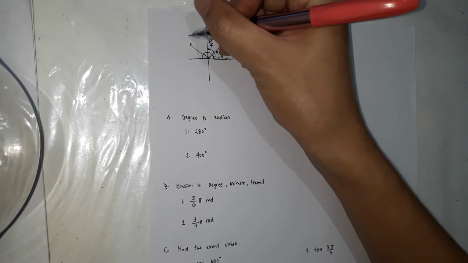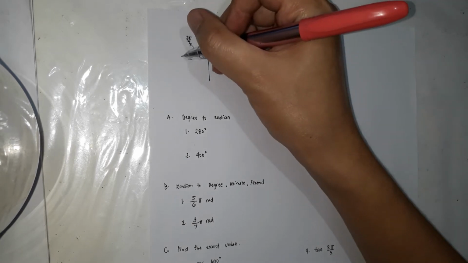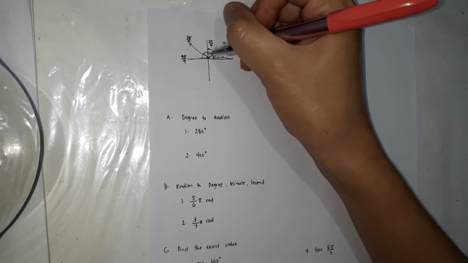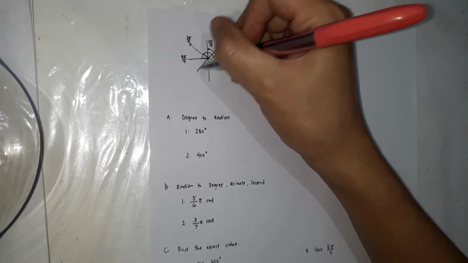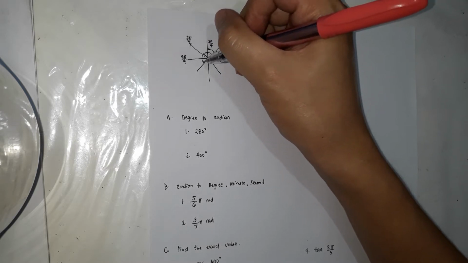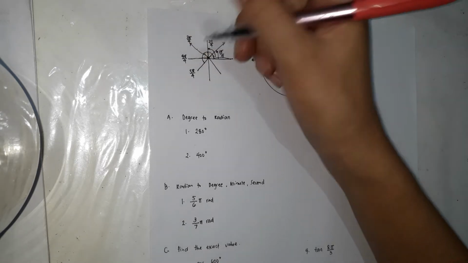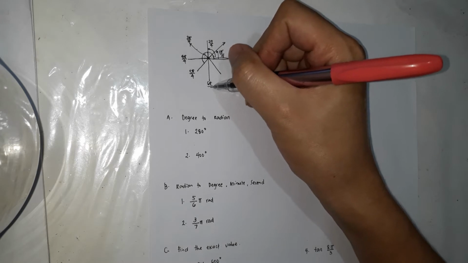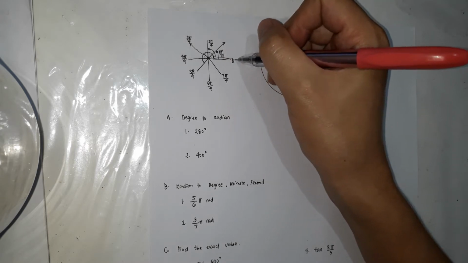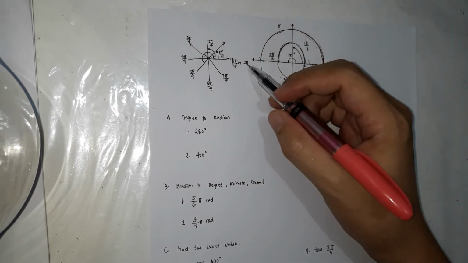Here, that's 3 pi over 4. Here, 4 pi over 4. Why 4? Because 1, 2, 3, 4. If you divide this further, this is the fifth part, this is 6 pi over 4, 7 pi over 4, and 8 pi over 4, which is also equal to 2 pi. So they are the same.